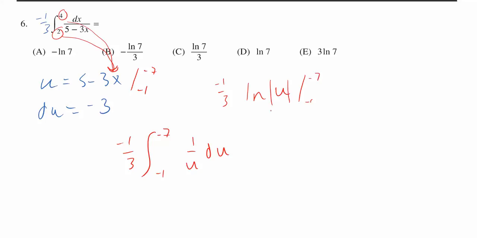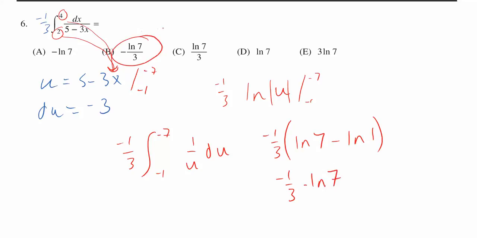And this is where that absolute value comes in. So negative 1/3 natural log of 7 minus natural log of 1 with our absolute values. The natural log of 1 is 0. So I've got negative 1/3 natural log 7. Where's that at? There it is, b.